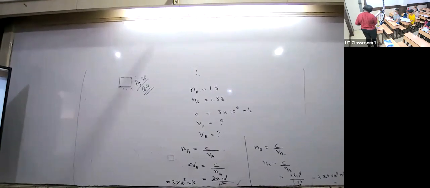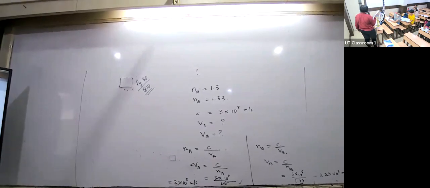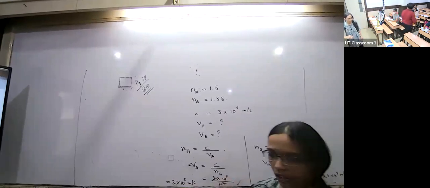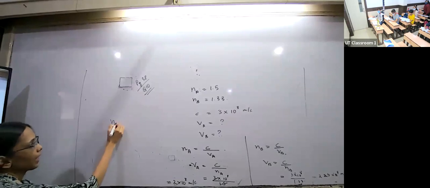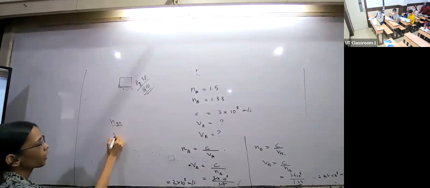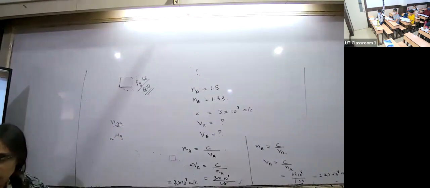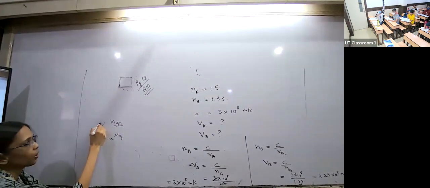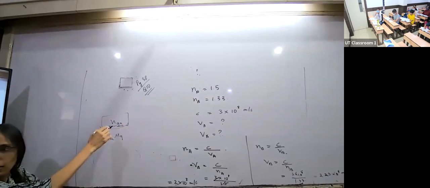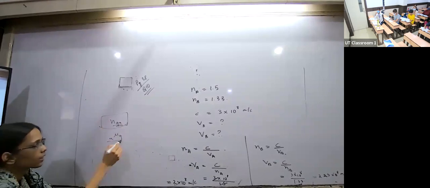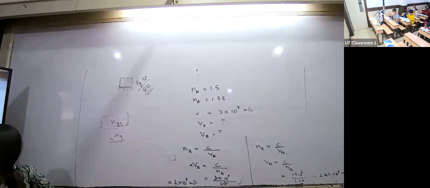Your CBSE sticks to this. I have just given, your CBSE textbook also gives. She is asking me which one is more appropriate. Is N_GA, this, more appropriate, or N_G with respect to A, this, more appropriate? As far as I know, your textbook is giving only this one, the refractive index of medium G with respect to A. This one I've given just in case such a thing comes, you do not panic.